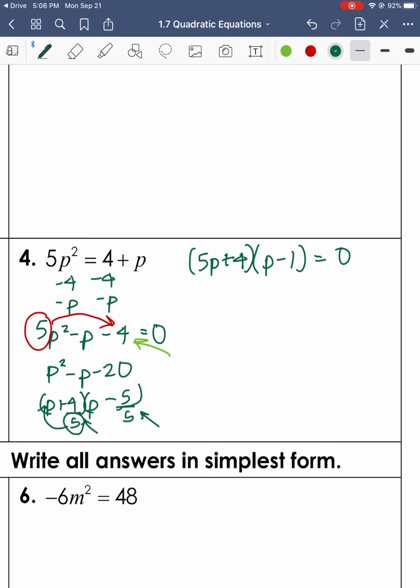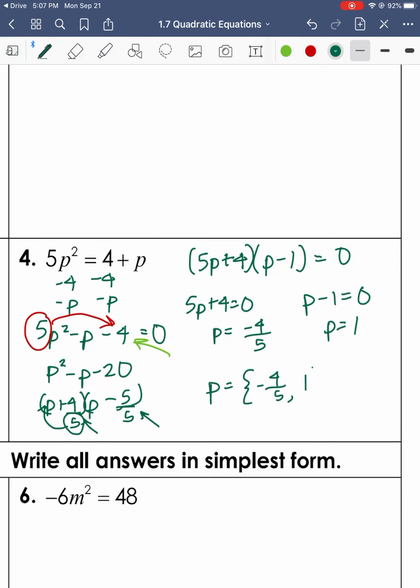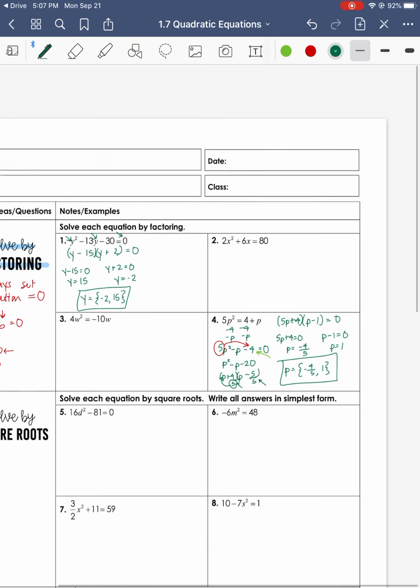Then we'll set each of these equal to 0 individually. So 5p plus 4 is equal to 0, and then p minus 1 is equal to 0. Here p is going to be equal to negative 4/5, and p is equal to 1. Those are our solutions here. So p is equal to, in set notation, negative 4/5, comma 1. So pretty easy process once you get your factoring down quickly.